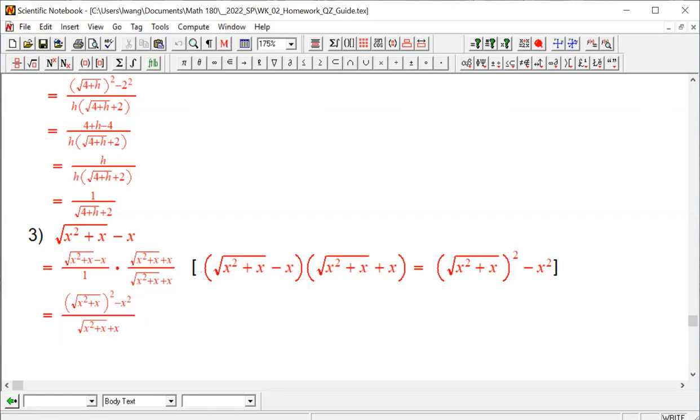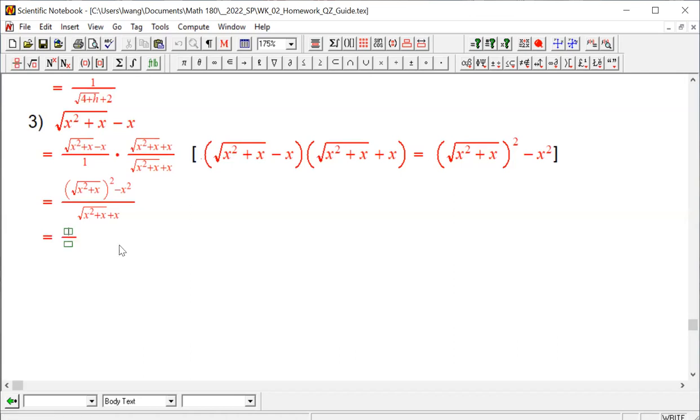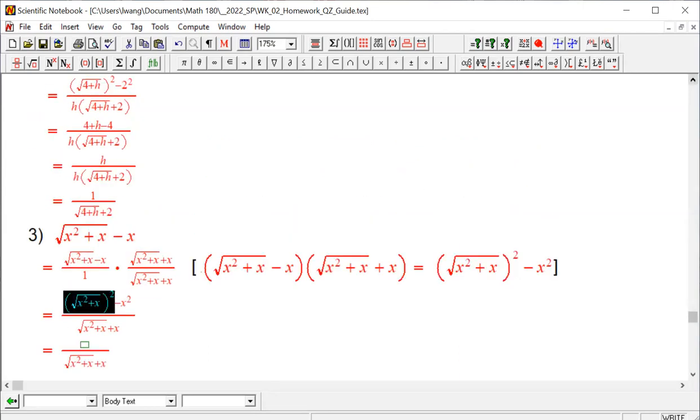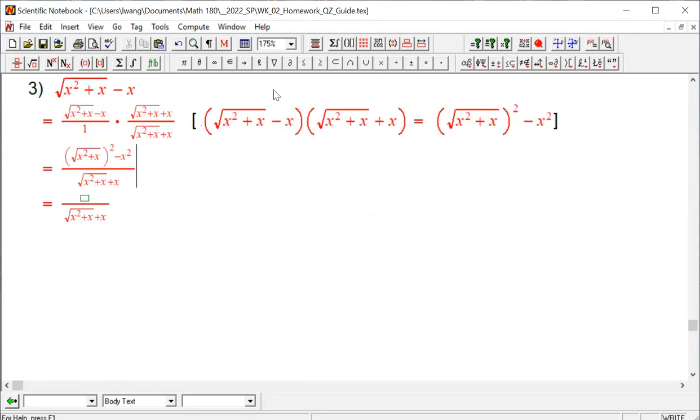And next, the denominator stays the same. And what's on the numerator? In the numerator, we get to use that property one more time, right? You see, this is pretty useful stuff, isn't it? So we can use that property, and it is going to give us x squared plus x minus x squared.